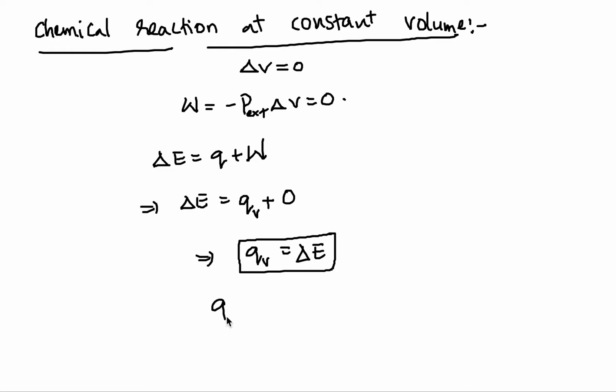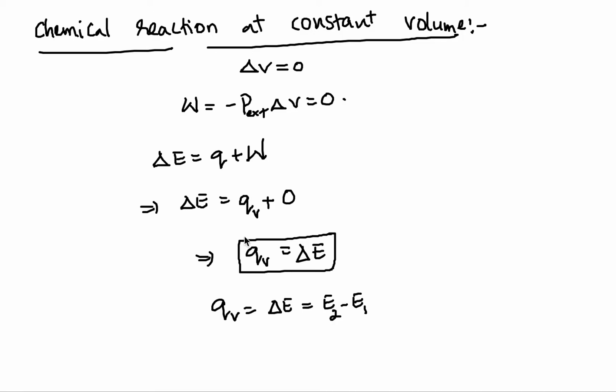Therefore, QV is equal to delta E, which is E2 minus E1. And E2 and E1 are absolute internal energy values, which are difficult to determine. We already know that absolute internal energies and absolute enthalpies are difficult to find out. In chemical reactions or processes, we always study the change in enthalpy and the change in internal energy.